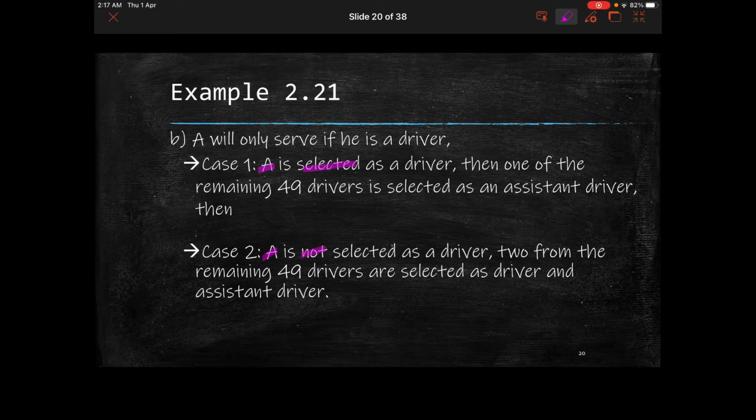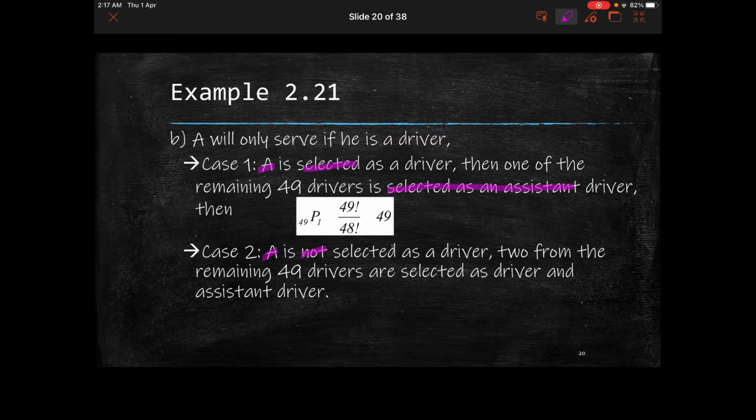So kalau A dipilih as a driver, then tinggal 49 drivers only can be selected as an assistant. So in this case, we identify N equals to 49 and R equals to 1. Okay, and we get 49 ways.